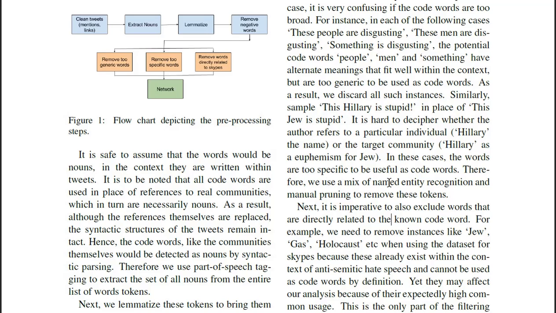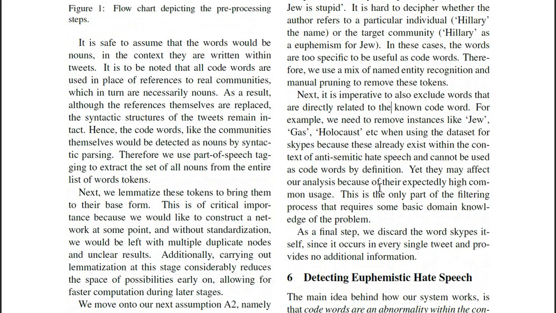Therefore, we use a mix of named entity recognition and manual pruning to remove these tokens. Next, it is imperative to also exclude words that are directly related to the known code word. For example, we need to remove instances like Jew, gas, Holocaust, etc., when using the dataset for Skypes because they already exist within the context of anti-Semitic hate speech and cannot be used as code words by definition.